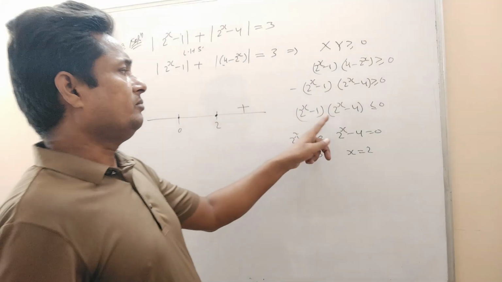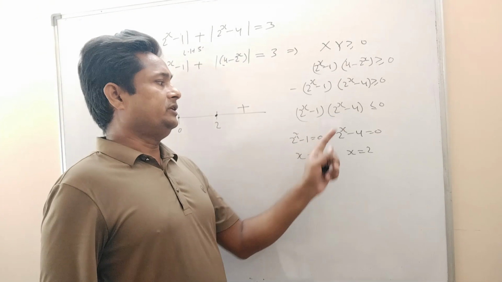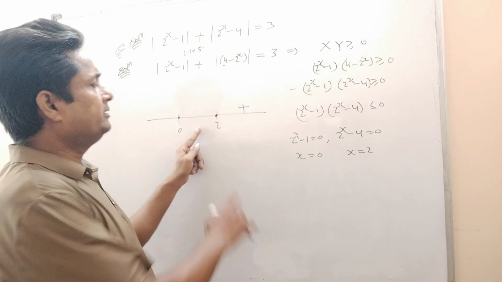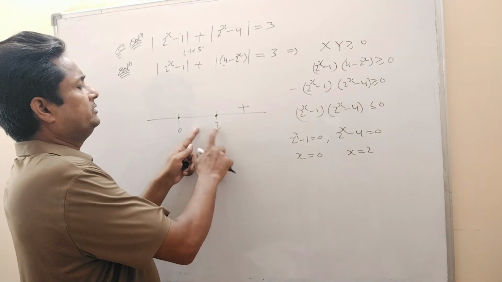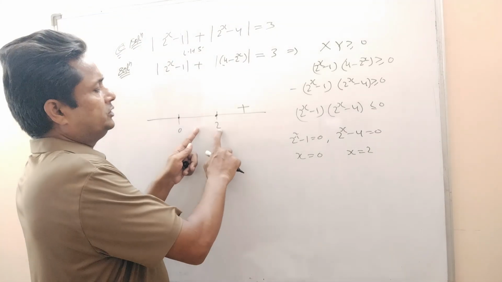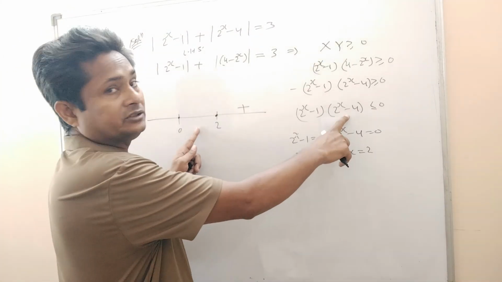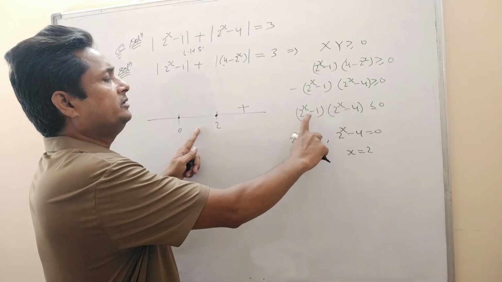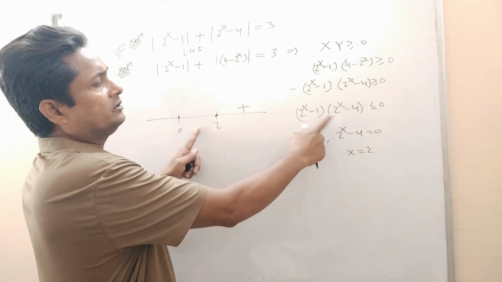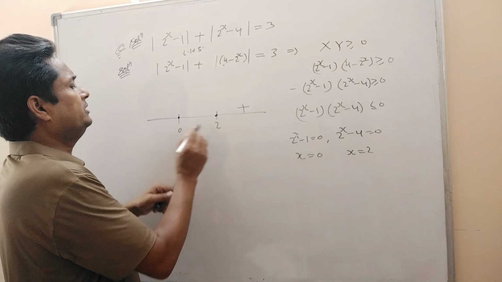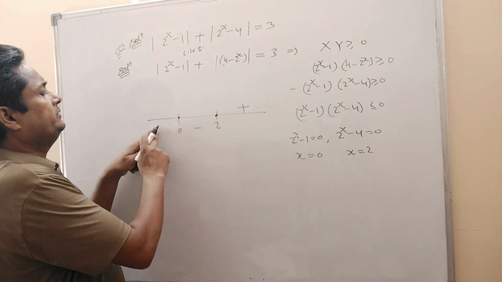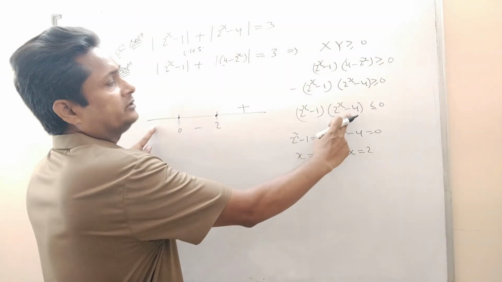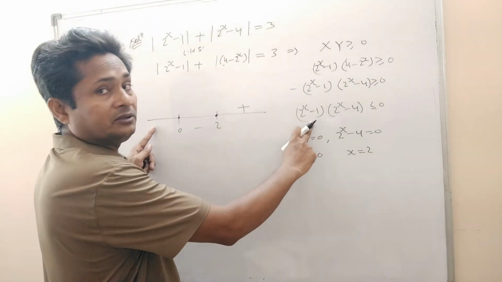Now this will change the sign. If we are in this interval, then with respect to this root we'll change the sign, right? So this will be negative and this will be positive. So the product of this one will be negative, so here it will be positive. And if we are in this interval, then this will give negative and this will also give negative.